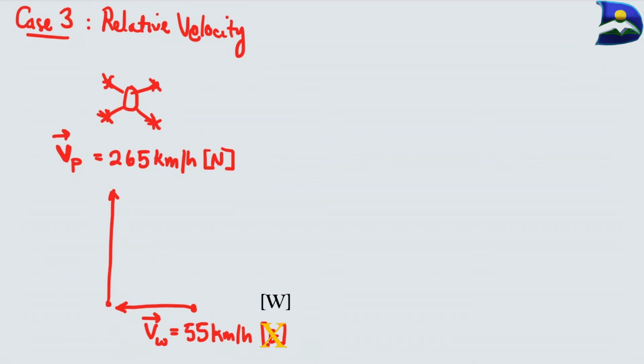And therefore this tells us that 265 kilometers per hour divided by 55 kilometers per hour will give us, and your theta, which is your inverse tan, is going to be equal to 78.3 degrees.